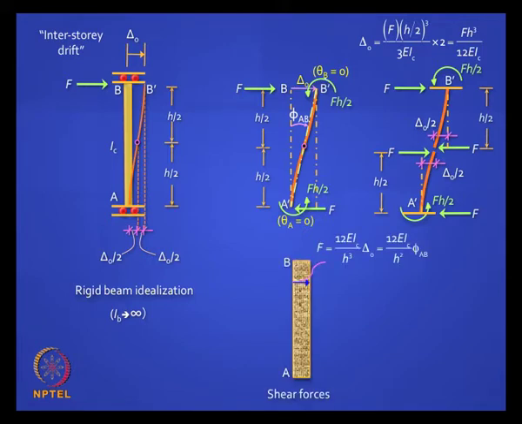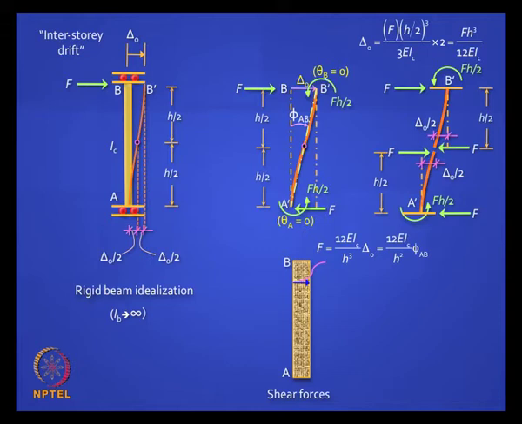Now if you draw the shear force diagram, it will be a constant, it will be equal to F, which in turn will be equal to 12 EIC divided by h cubed into delta naught, or 12 EIC by h squared into phi. Phi is delta naught by L. Clear? If you look at the bending moment diagram, how would it look?